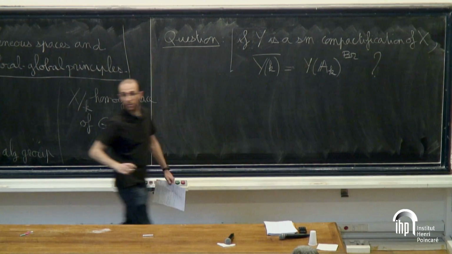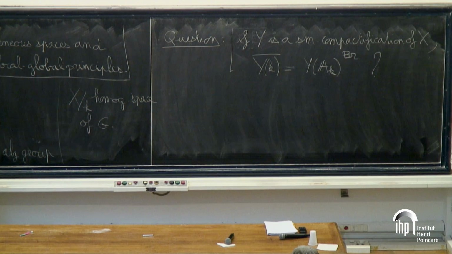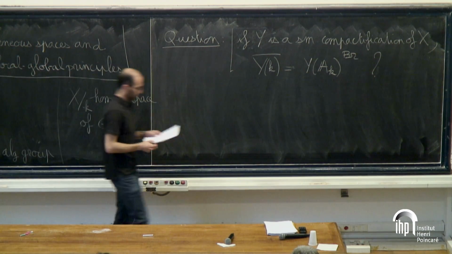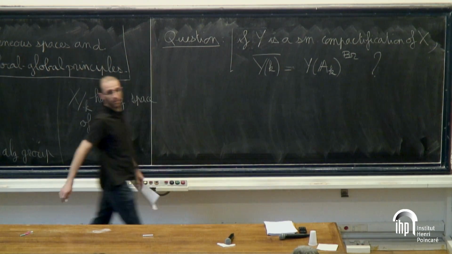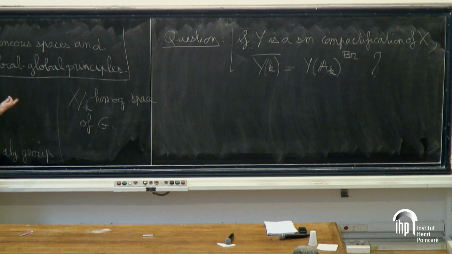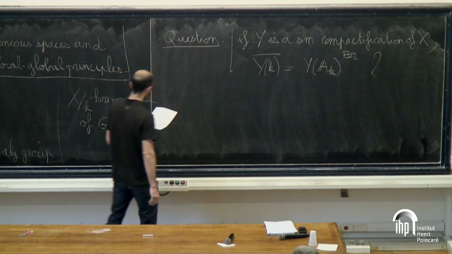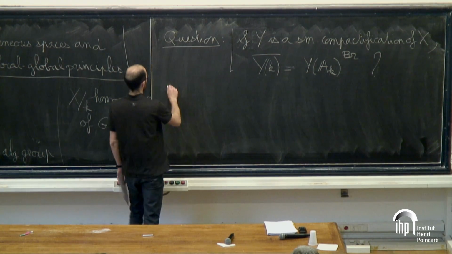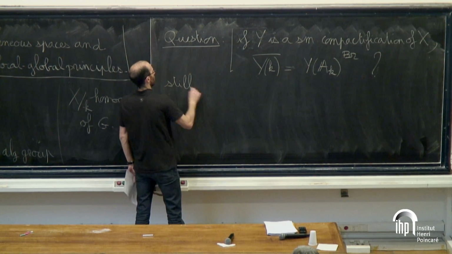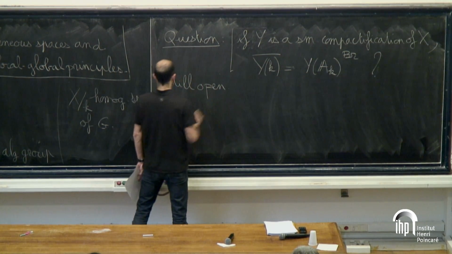Okay, this is the main question we are interested in. So this question is still open in this setting of homogeneous spaces of algebraic groups. So still open, but some cases are known.